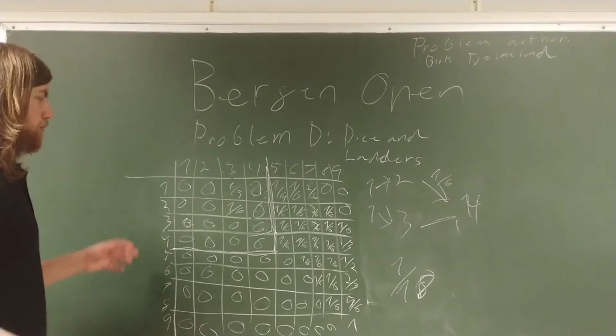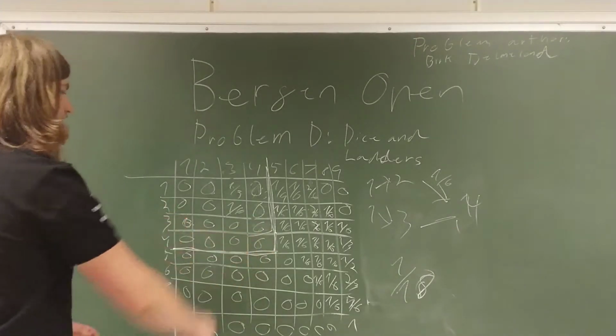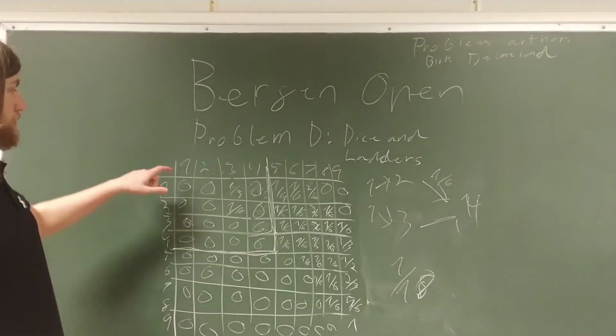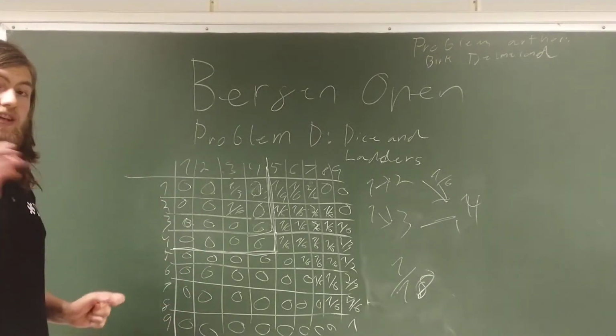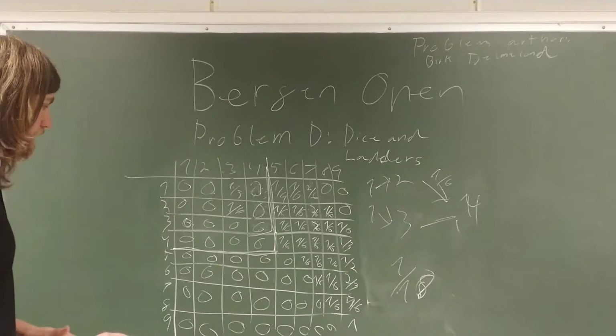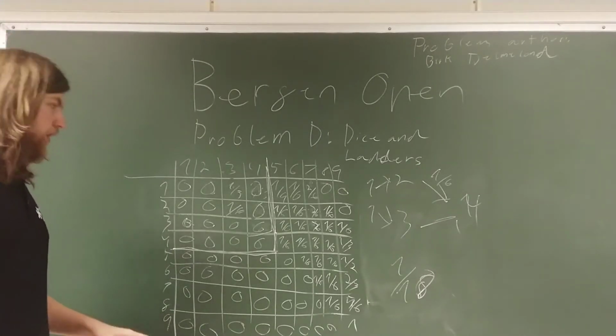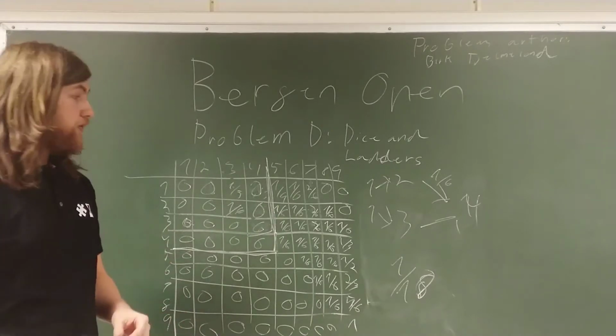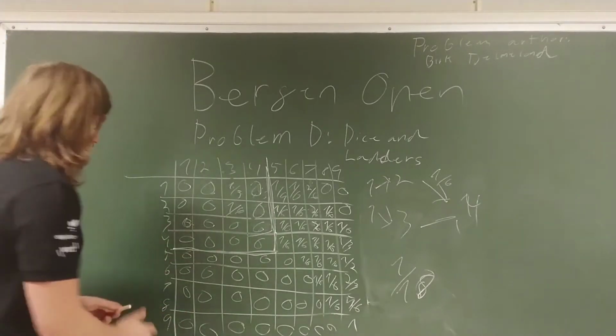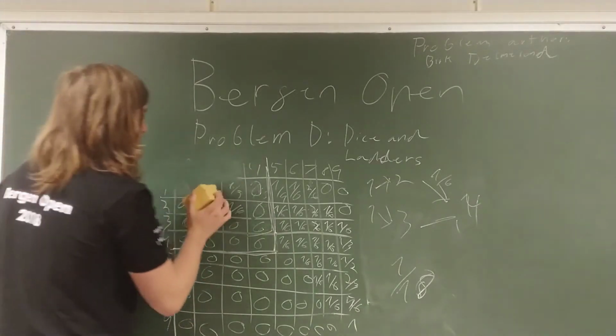And so by multiplying this matrix with itself once, we will find the probability of going from any cell to any other cell using exactly 2 dice rolls. And we can do this for as many dice rolls as you want using matrix exponentiation.